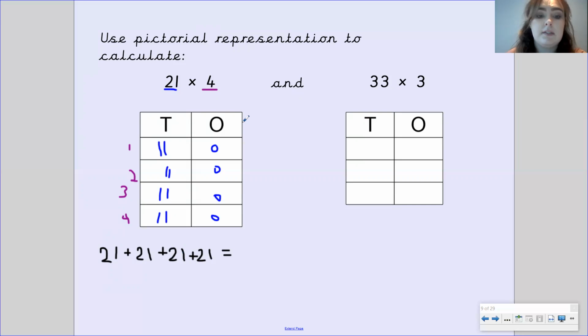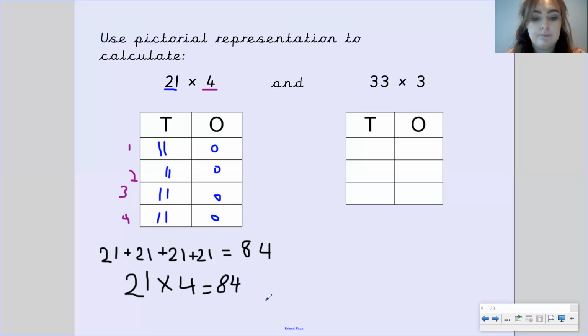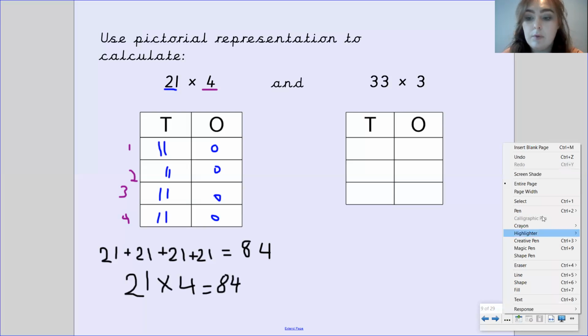Now we need to work out what it equals. So as I said, we always start with our ones column. Let's add them up. 1, 2, 3, 4. And now our tens column. 10, 20, 30, 40, 50, 60, 70, 80. So it is 84. And then we can write it as our multiplication sentence, which is 21 times 4 equals 84.